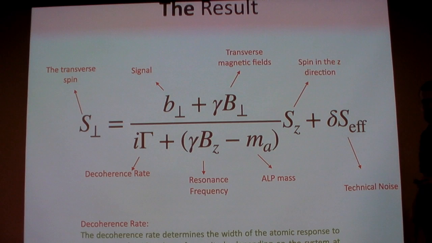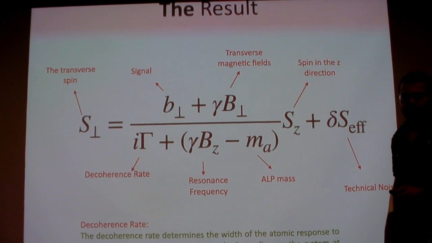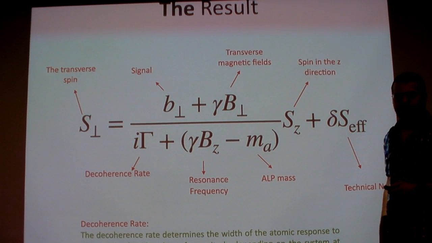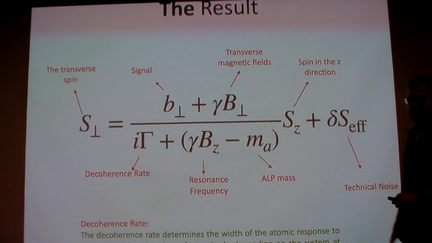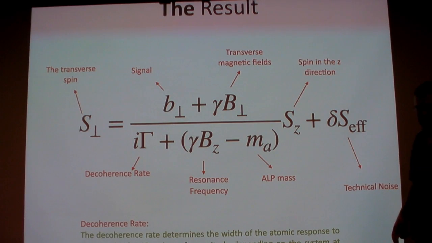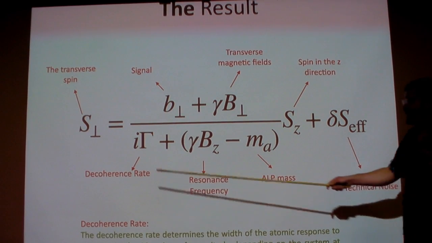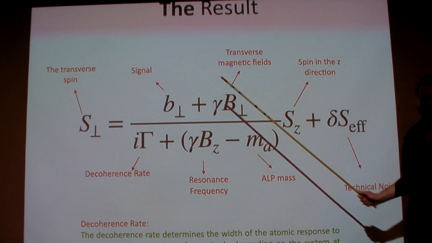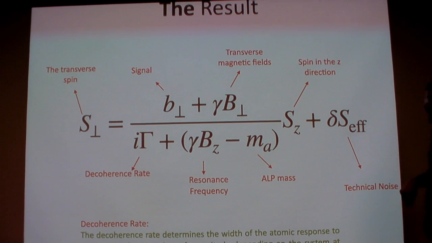But for example, if you have sort of inhomogeneous magnetic fields in your sample, then that's going to affect gamma, and it's going to affect B perpendicular, and it's going to affect your projection noise. The projection noise I'm less sure about. Maybe you're right. I don't see it immediately. But you are right that there are effects that affect multiple of these guys at the same time. That is certainly correct.